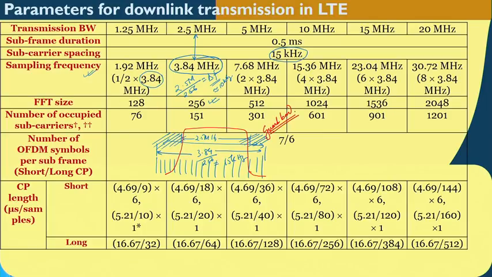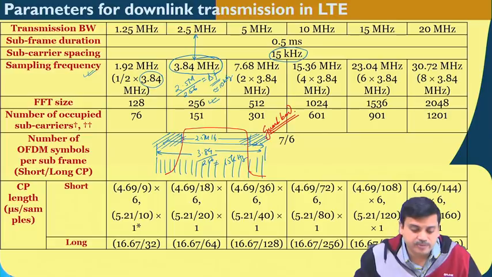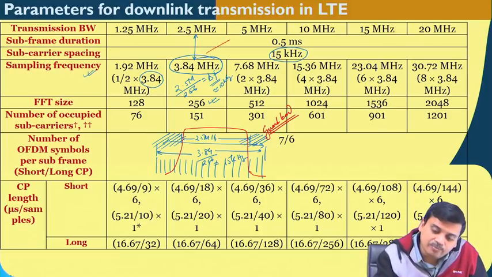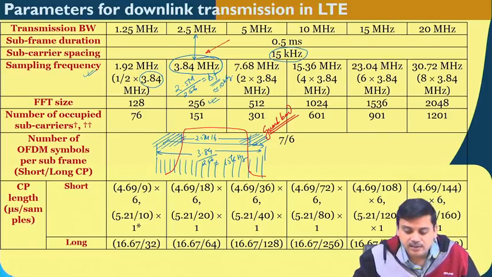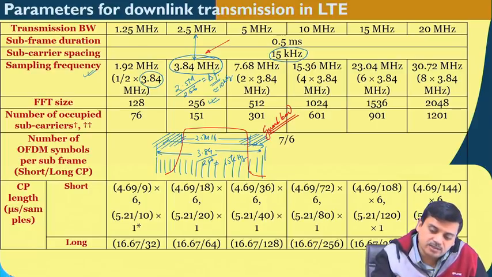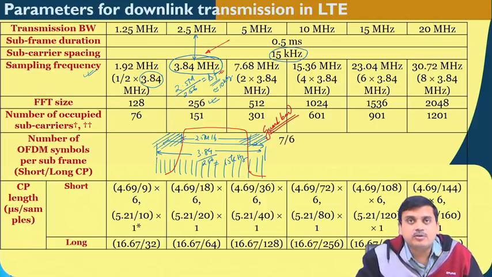So, these are some of the interesting facts which have been brought into the LTE or the 3GPP generation of systems. So, what they have done is they have effectively used a larger sampling factor, and they have not directly sampled the bandwidth. They used an oversampling factor and then divided by the FFT size to get the subcarrier spacing, and instead of using all the subcarriers, they are using a smaller set of subcarriers.